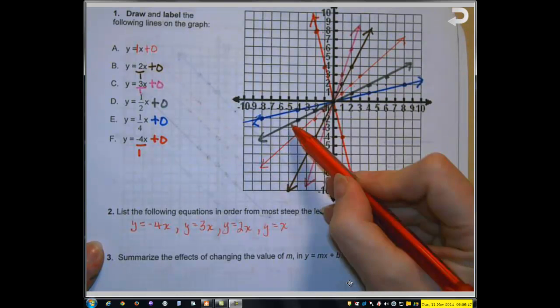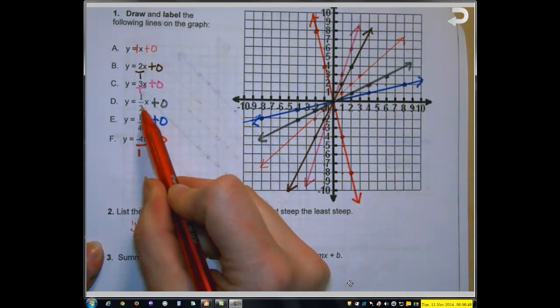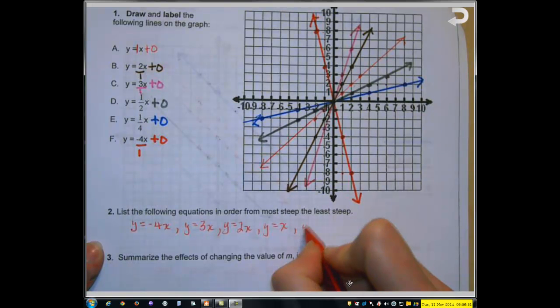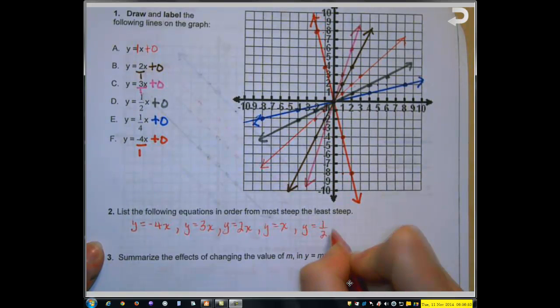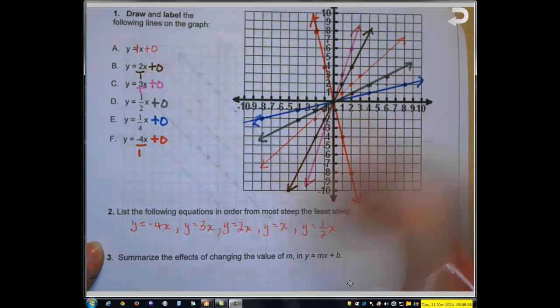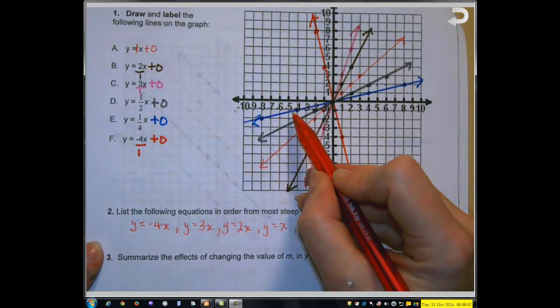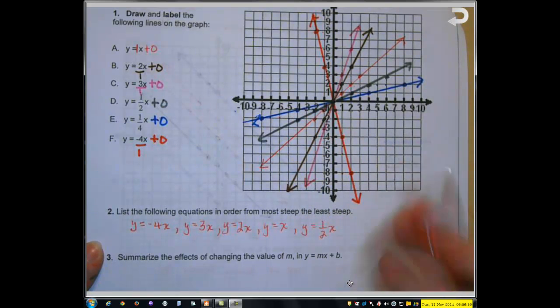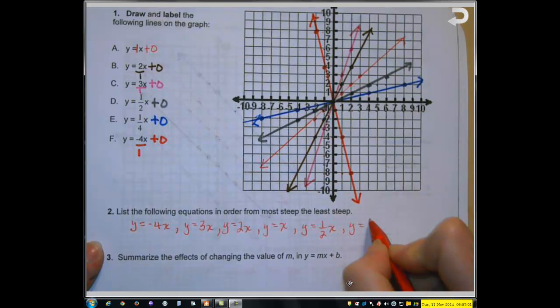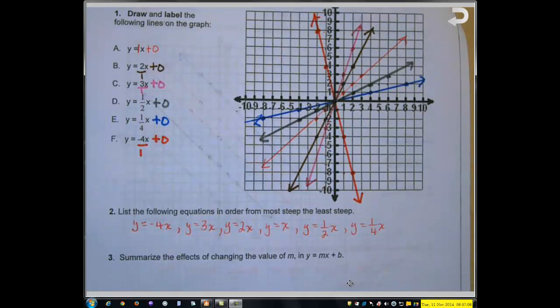The next one is this gray line, which is y equals 1/2 x. And then the least steep would be our blue line, which is y equals 1/4 x.